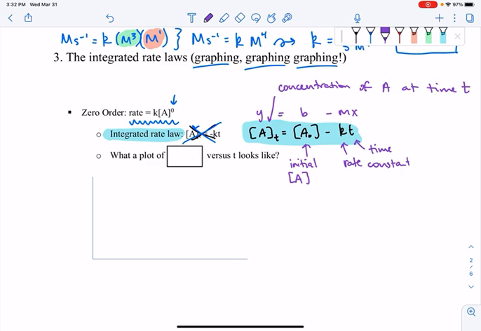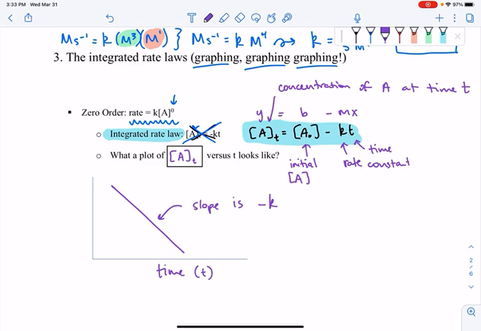If you were to make a graph of this, and you plotted the concentration of A versus time, lowercase t is time, you'll get a line, and the slope of this line is negative k. Nothing special. Down here we have time.